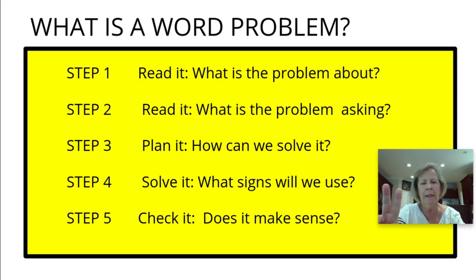And step number 3, how can we solve it? What signs will we use? Step number 4, to solve this problem, will we use the plus or will we use the minus? And step number 5, check it to be sure it makes sense. So let's go together and try one of our word problems today.